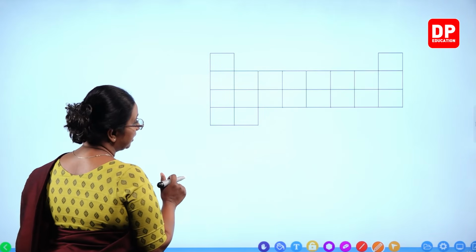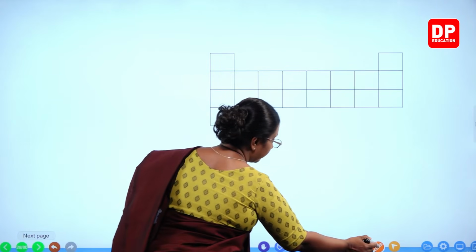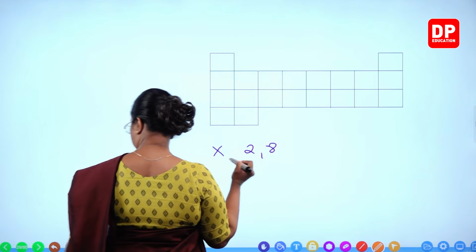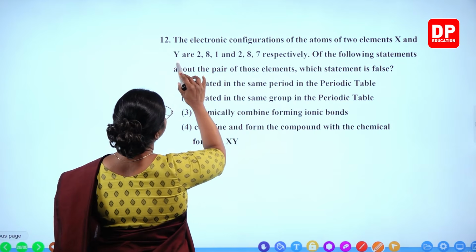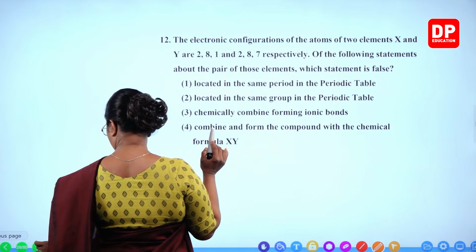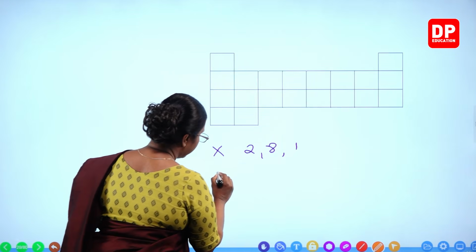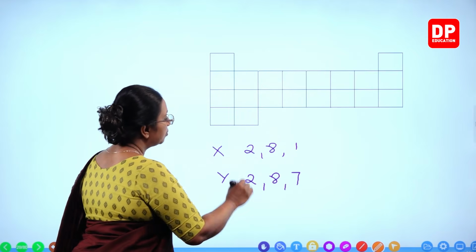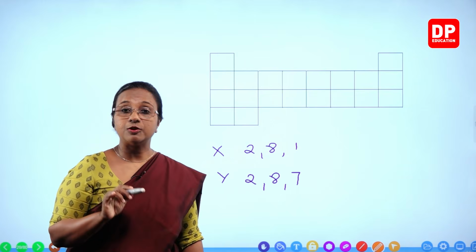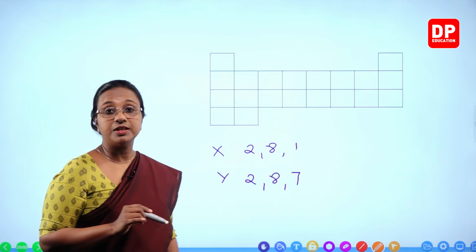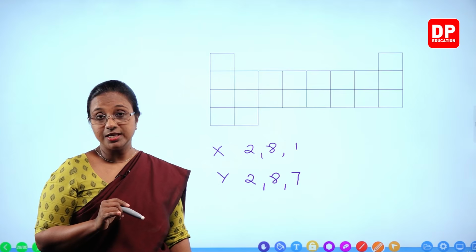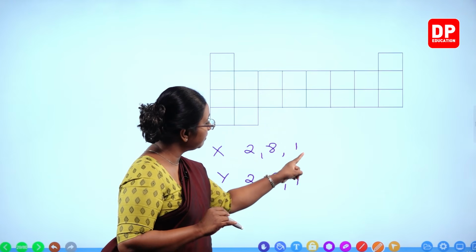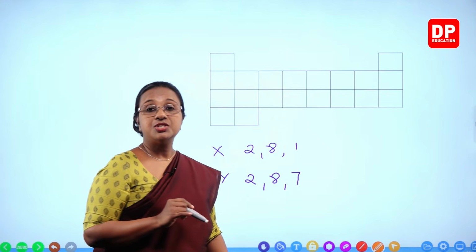Now I have put the periodic table here. So you can remember, students, X is 2, 8, 1. I'll check the question again. X is 2, 8, 1 and Y is 2, 8, 7. Now you all know there is a relationship between the electronic configuration and the position of the element in the periodic table. So if you take X, 2, 8, 1, you look at the last shell, the valence shell.